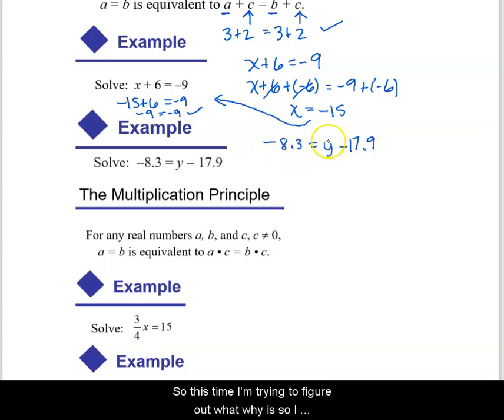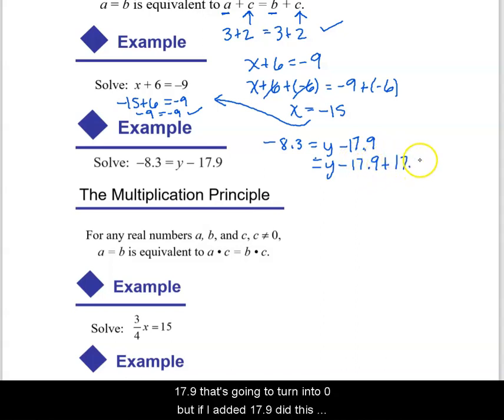Okay, so this time I'm trying to figure out what y is, so I want to get rid of a minus 17.9. Well, if I'm going to use the addition principle, I'm going to need to make this turn into 0. So negative 17.9 plus 17.9, that is going to turn into 0.